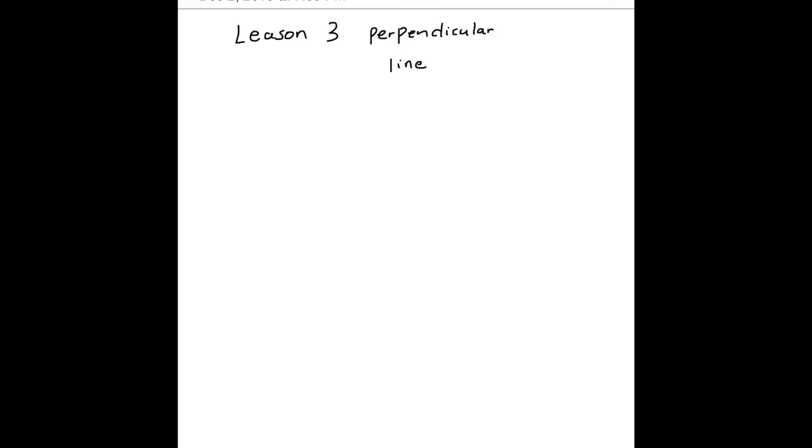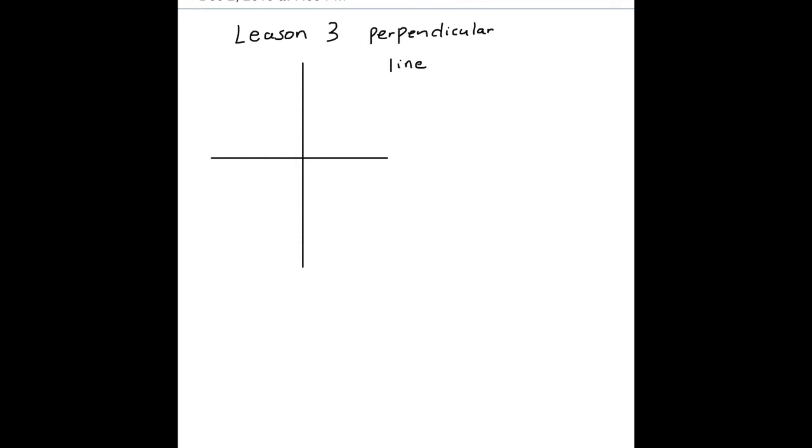So we should know what a perpendicular line is first. Look at that. The lines just like that, that is perpendicular lines.